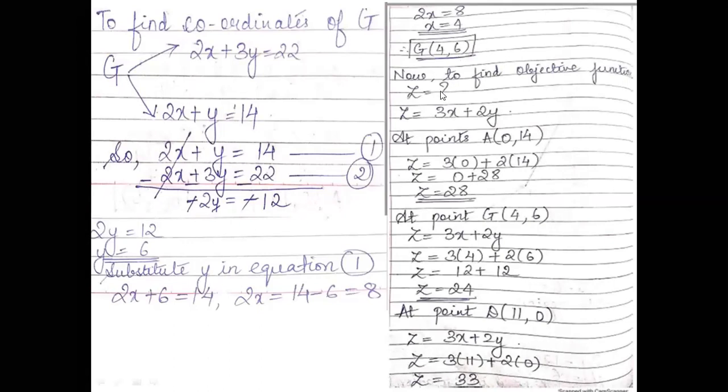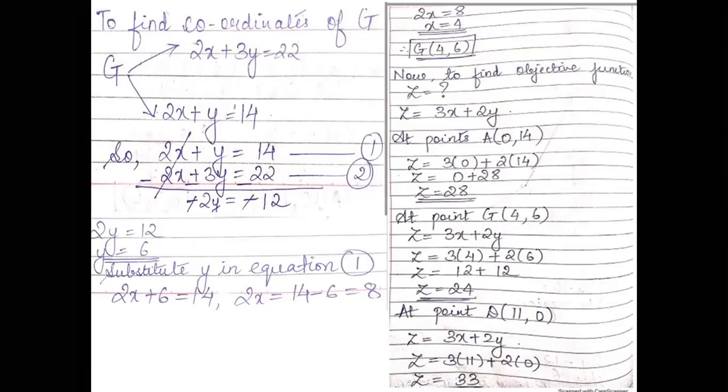Now to find the objective function z, we have to substitute all the three, starting with point A, 0, 14, point G, 4, 6, and point D, 11, 0. So the question was about minimization, and minimization means you have to take the smallest number.